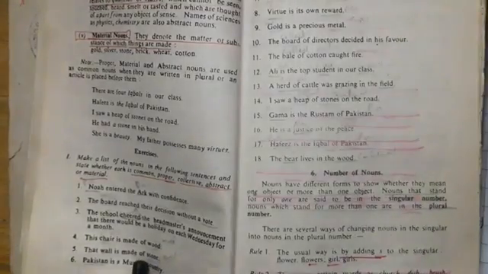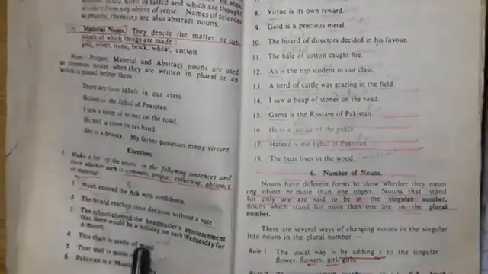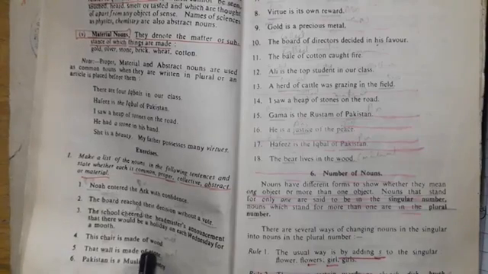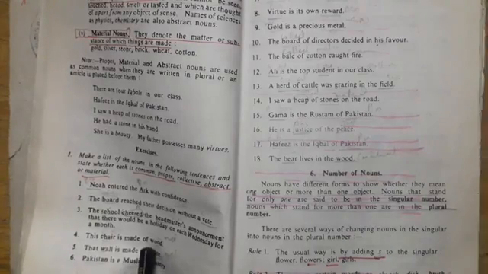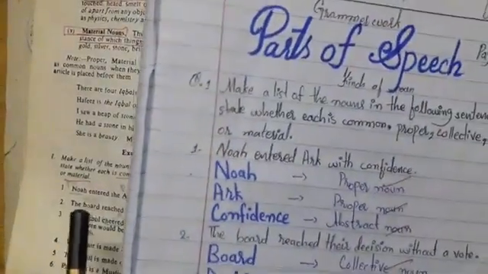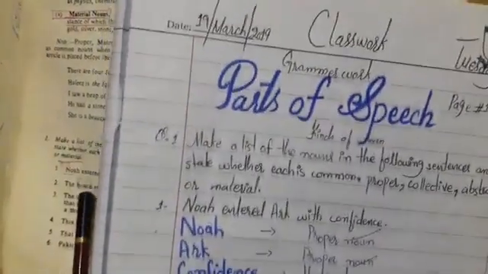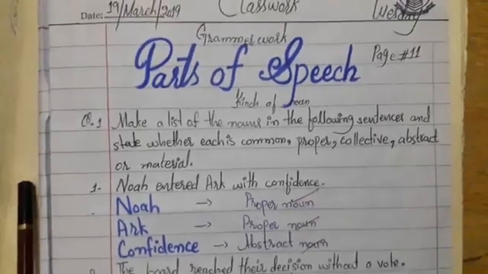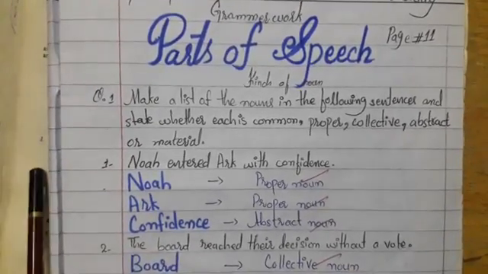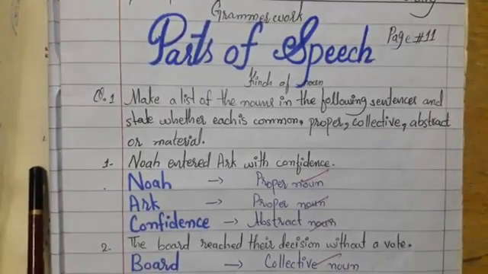So open your copies and write the name of the topic and the exercise, doing it like this. Classwork, and kinds, parts of speech and the kinds of noun.